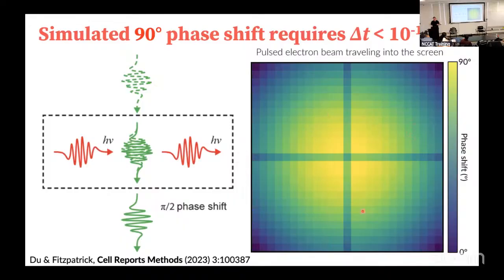What you're looking at is the electromagnetic field as if the electron beam was going into the board, and this is the predicted phase shift. You can see in the center that you can get to 90 degrees, that yellow, if you had a laser faster than about 10 to the minus 11, so 10 picoseconds. If you are faster than 10 picoseconds, you should be able to get this effect.